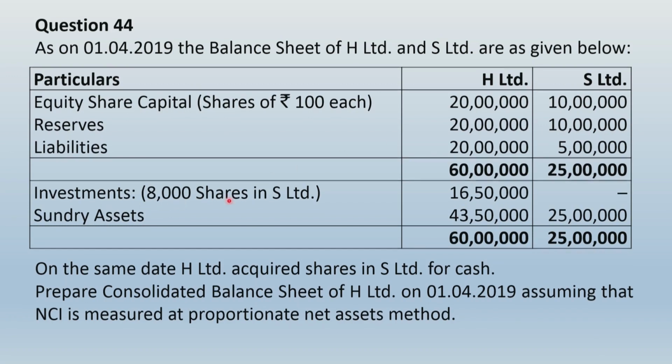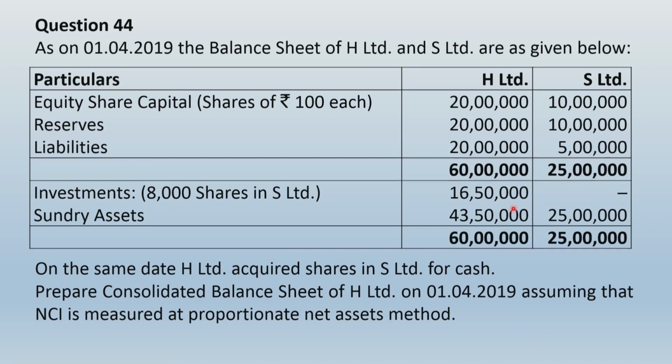Now, the parent company has 80% stake in the subsidiary. So what you will do is 80% of 20 lakhs would be 16 lakhs. That 16 lakhs is the net asset of S Limited that belongs to H Limited, which H Limited has purchased for 16 lakh 50,000.